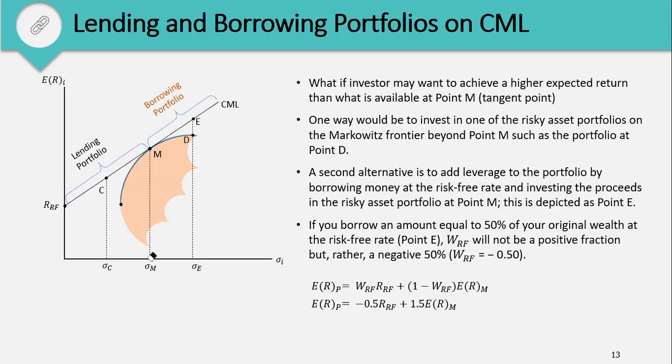For example, an investor who doesn't want to go for market risk because he feels it is too high for him. So instead of going for this risk, what if he goes for the standard deviation C here, something lower than the market portfolio?